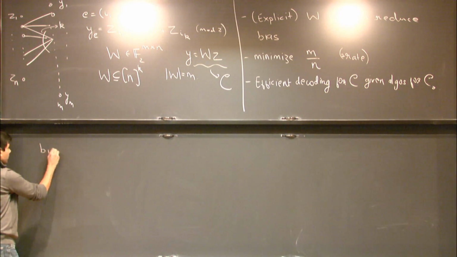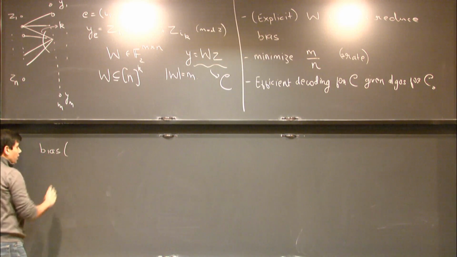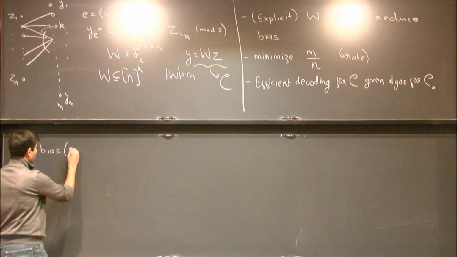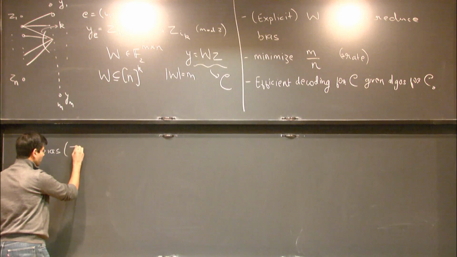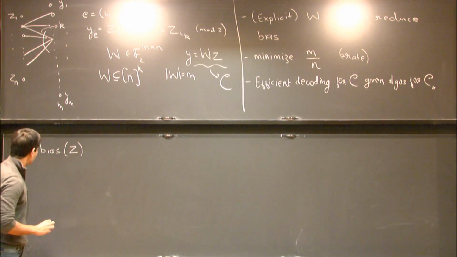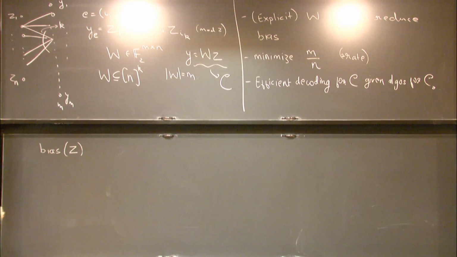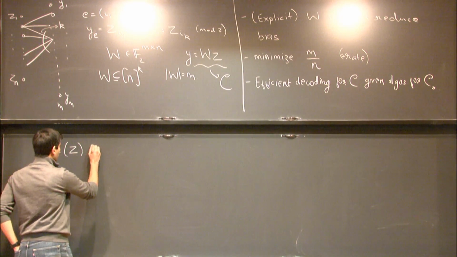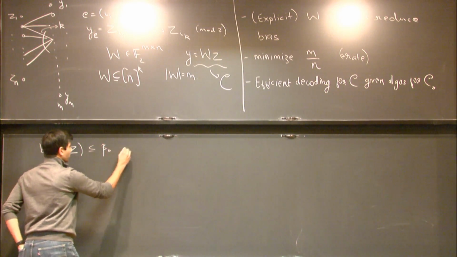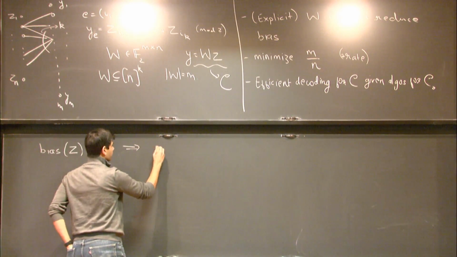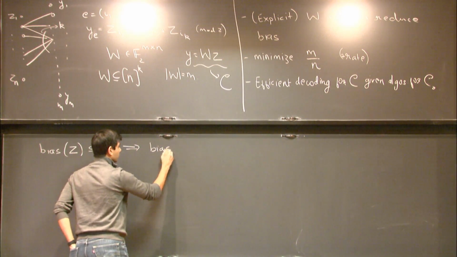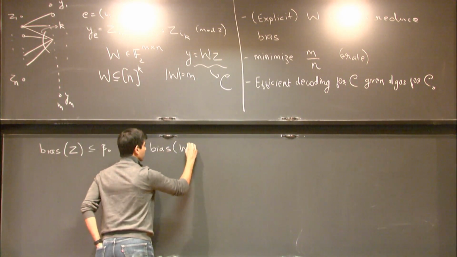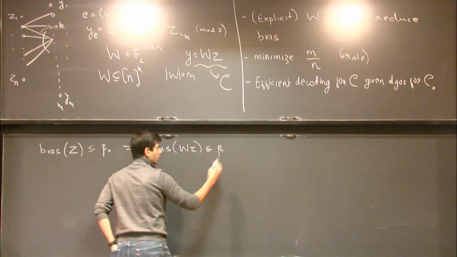Let's say I look at a matrix W which has this property that if I look at the bias of a single code word or a single element Z, where the bias of Z is just this quantity, and the bias of the code is just the maximum of this over all Z. Let's call such a W good.